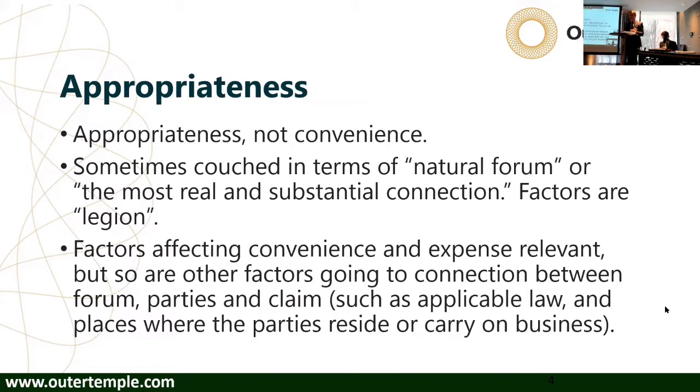So factors to do with convenience, like where do the witnesses live, where are they based, where are the experts based, and so on, are essential parts of it. But also matters that relate to appropriateness. In other words, stepping back from the case and looking at it all around, where should it be, where ought it to be heard.